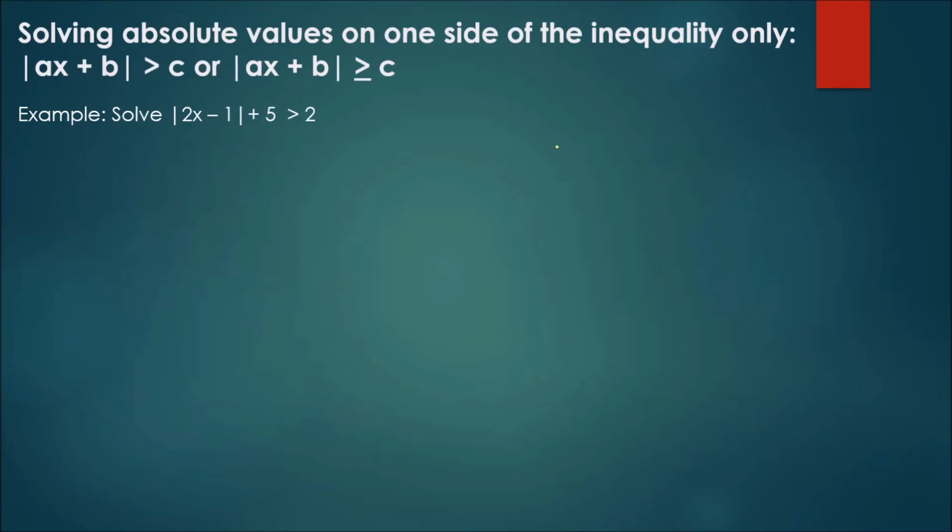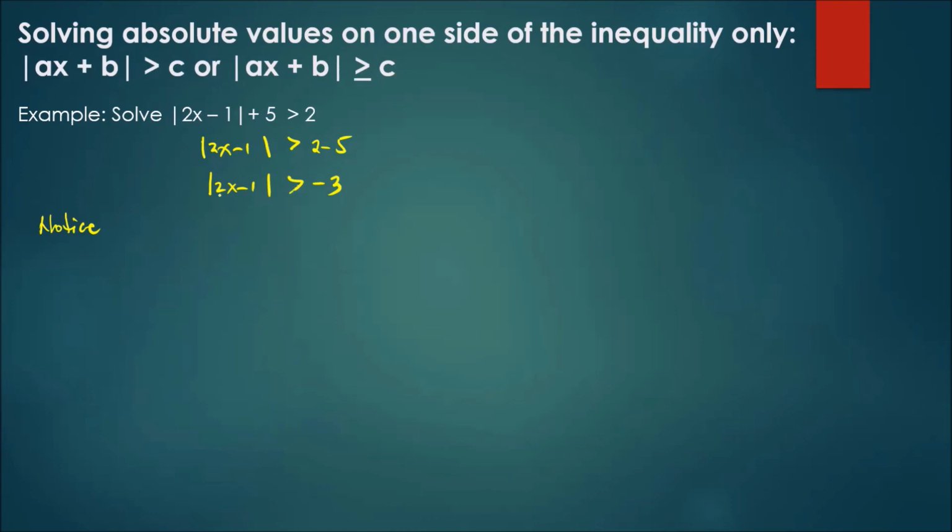So we have this one. So again, we isolate the modulus at one side. So we have the modulus of 2x minus 1 is greater than 2 minus 5. So this is the modulus of 2x minus 1 greater than negative 3. Now, is this possible? Notice that we know that the absolute value of anything is positive, right?